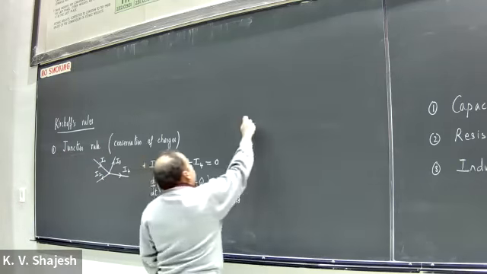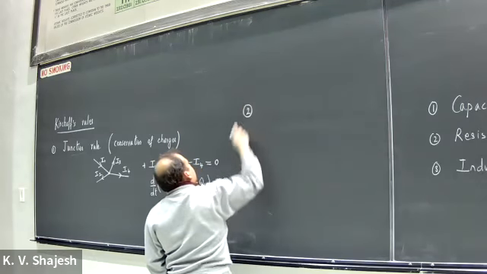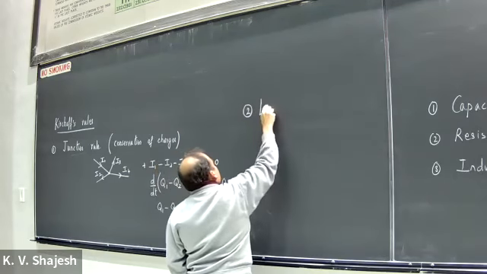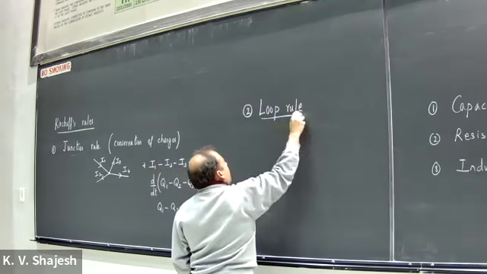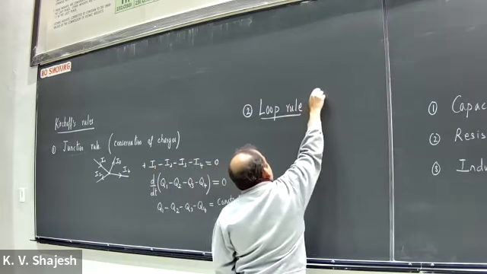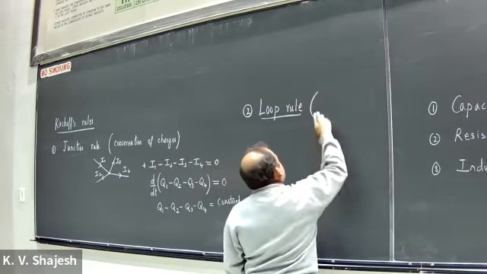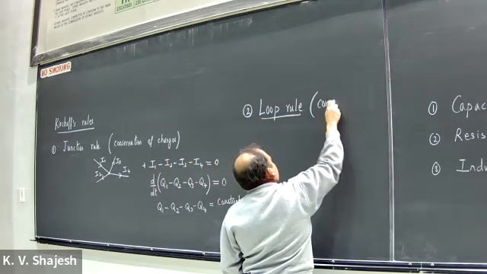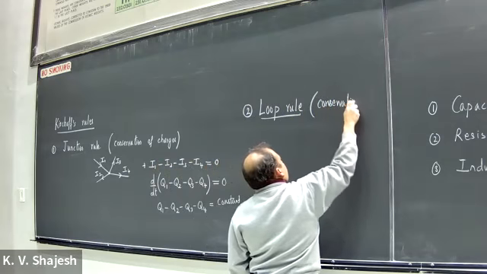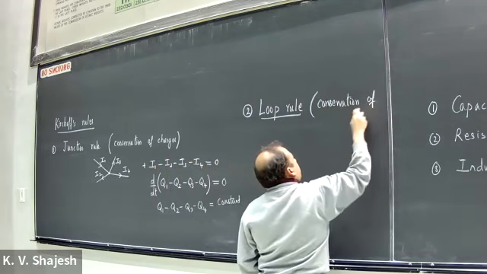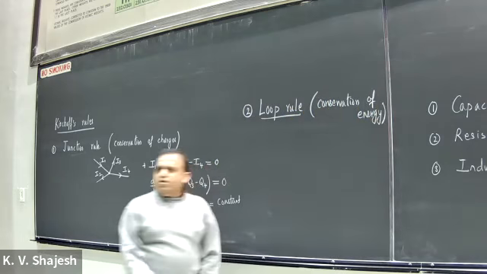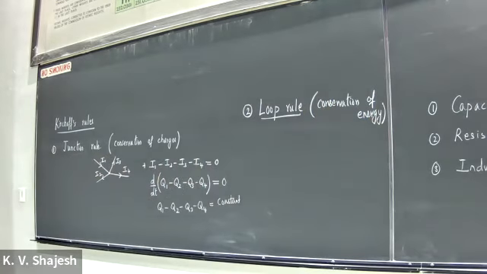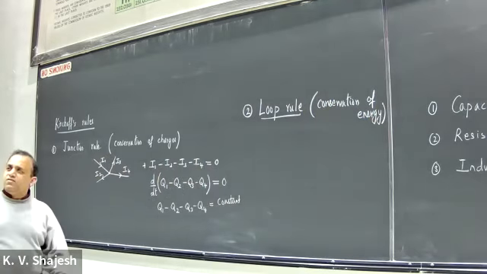The second is called the loop rule. And this is a consequence of conservation of energy. We have talked about the electrostatic force being conservative.